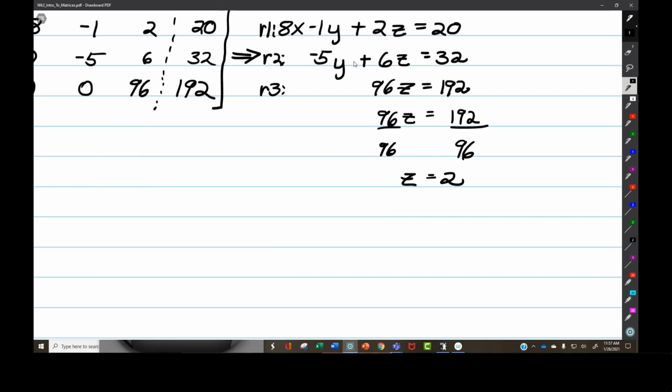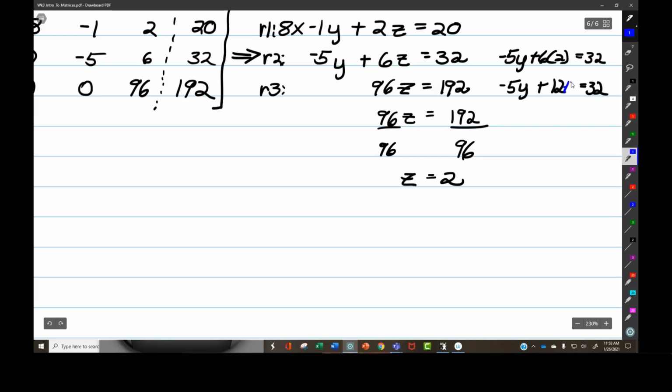Now I go up to row 2. -5y plus 6 times 2 equals 32. -5y plus 12 equals 32.